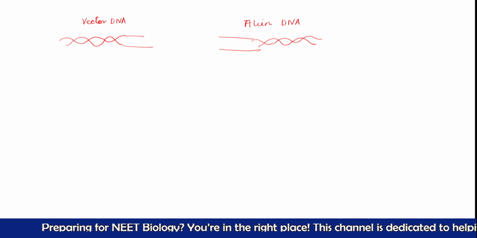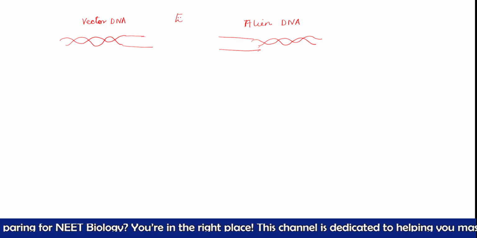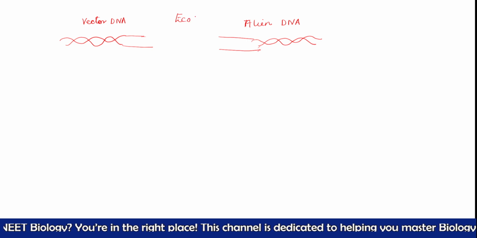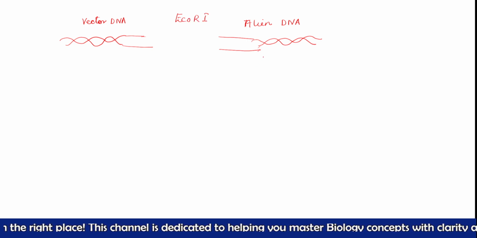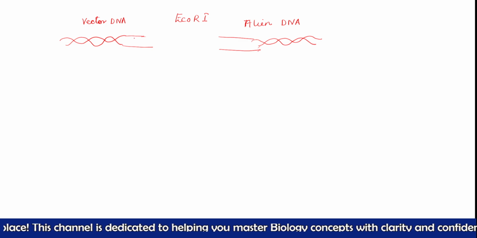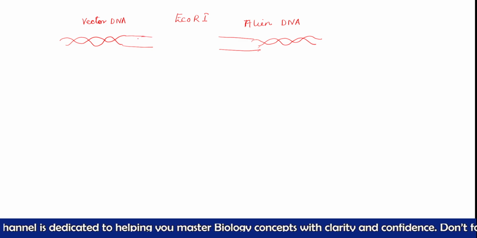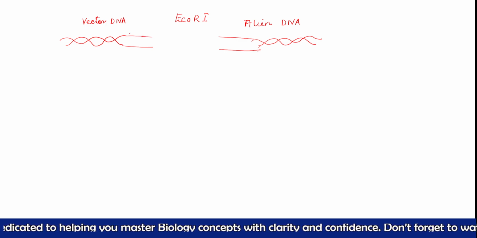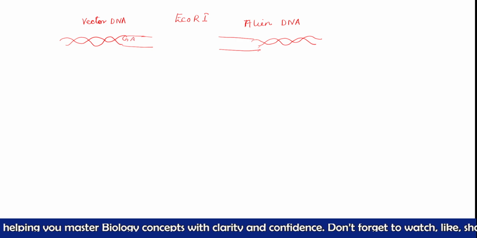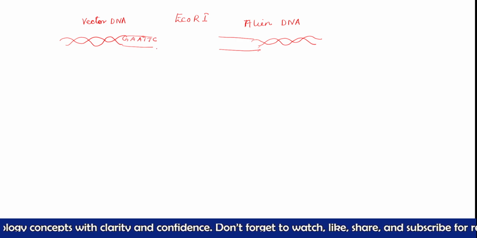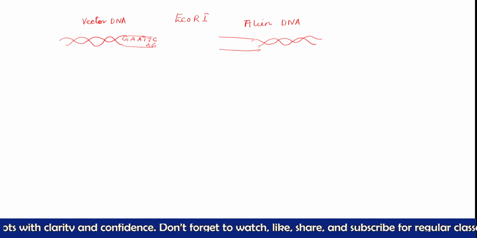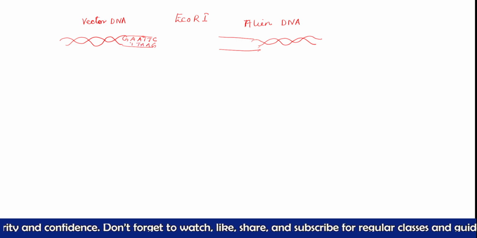So we know that we are using the same restriction enzyme, EcoR1, for cutting the DNA. First of all, EcoR1 will check the palindromic sequence. What is a palindromic sequence? GAATTC. This is the palindromic sequence. Here also GAATTC.